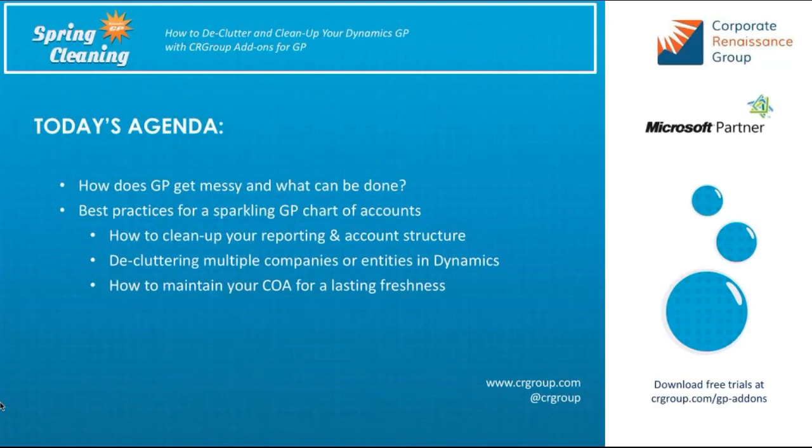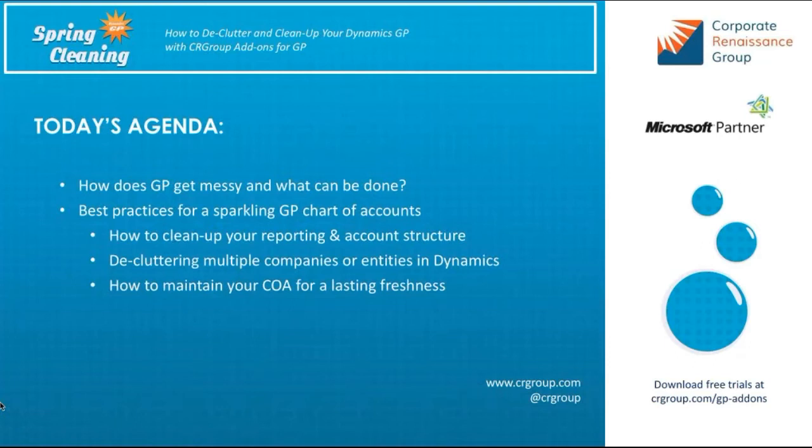So in terms of today's agenda, we're going to talk a little bit about GP and how it gets messy, and that's probably not one we need to spend a lot of time on, because I'm sure that for those of you attending, you probably have that in the back of your head already, but we'll share some common reasons we've seen over the years. And I think more importantly, we're going to talk about setting up a chart of accounts so that it works and that it's effective.